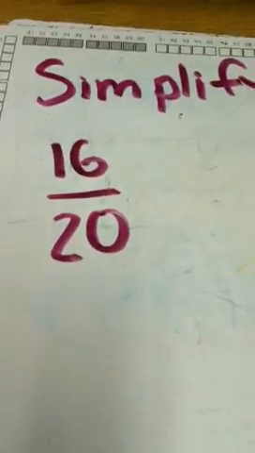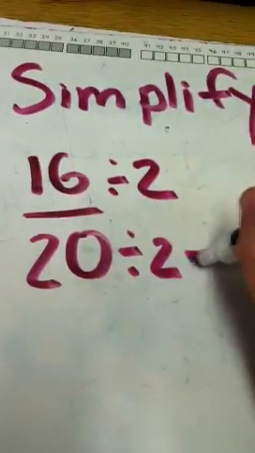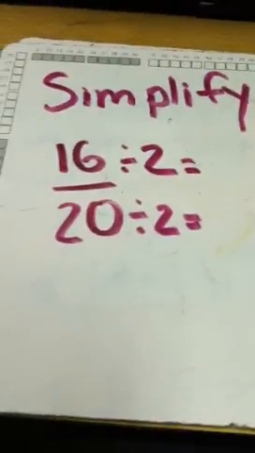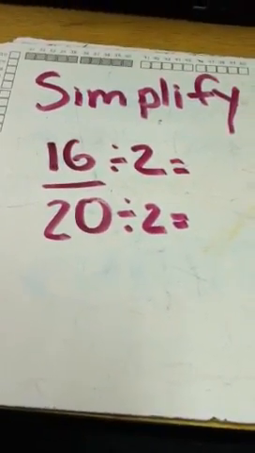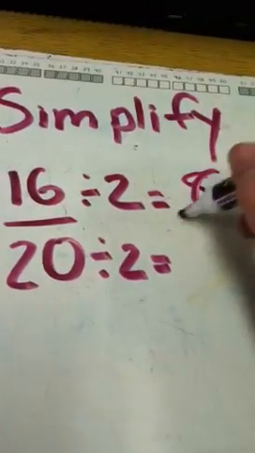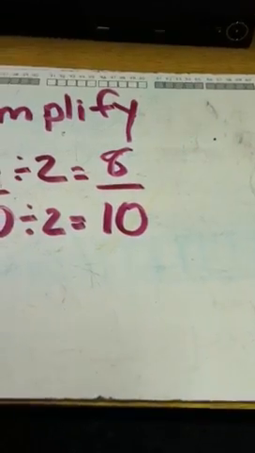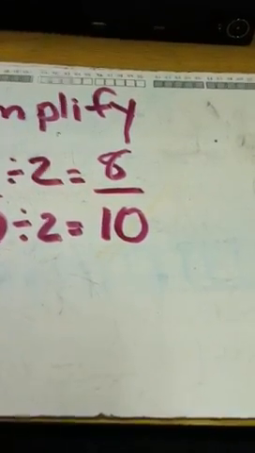For example, if I just threw a number in here and said 2, I can divide 16 by 2, I can divide 20 by 2. Since I can divide them both by 2, if I worked that out, I'd have 8/10. However, here's the problem with that.